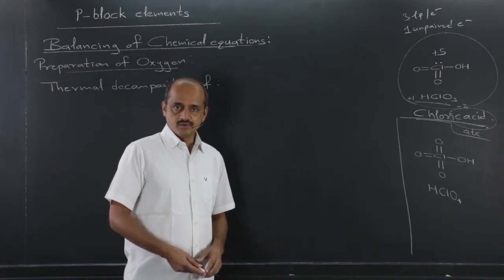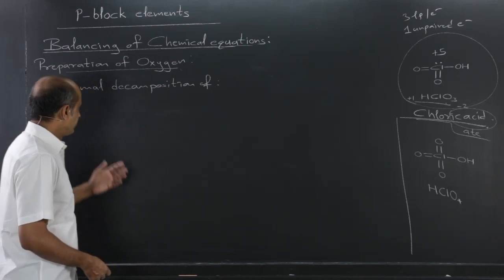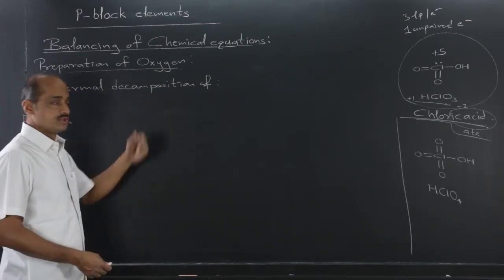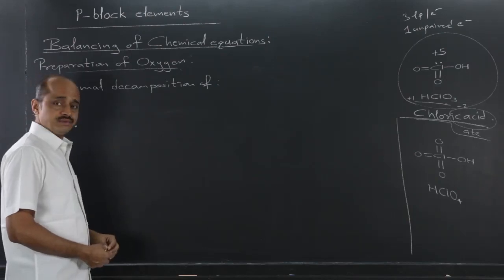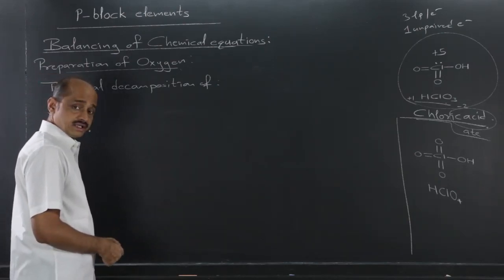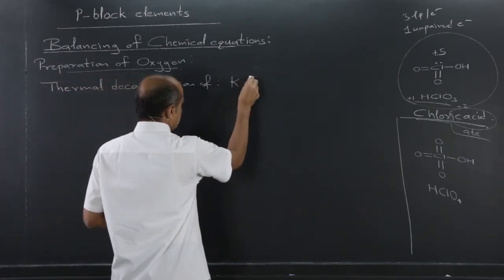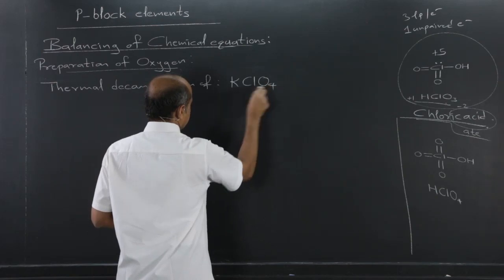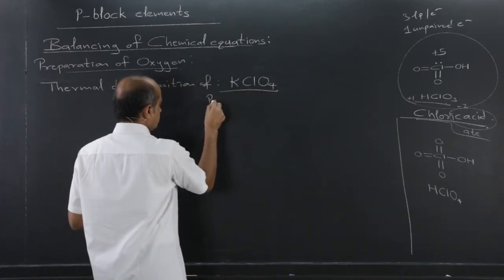Let us consider one more example of the type which we are considering, thermal decomposition. Just now I have covered potassium chlorate. Now let us consider thermal decomposition of potassium perchlorate.